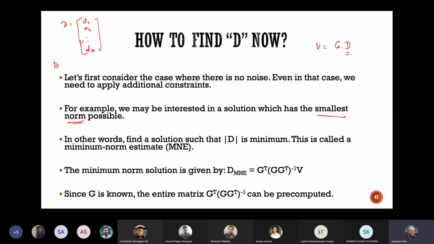Its L2 norm is essentially the root of D1 squared plus D2 squared plus up to Dn squared. You could talk about its L1 norm also, which we'll see in a bit. And that is just the sum of the modulus of these.